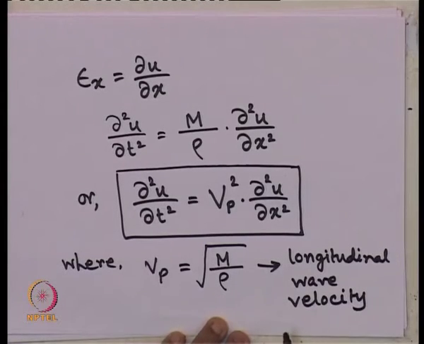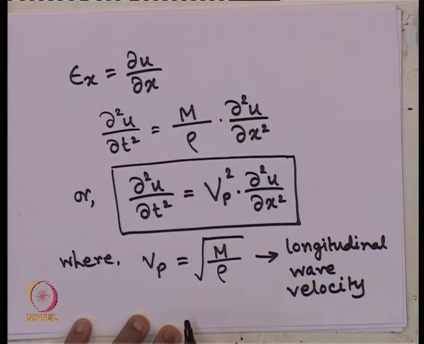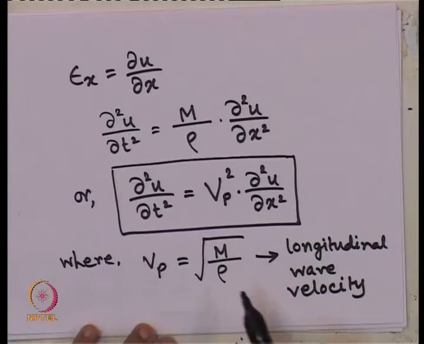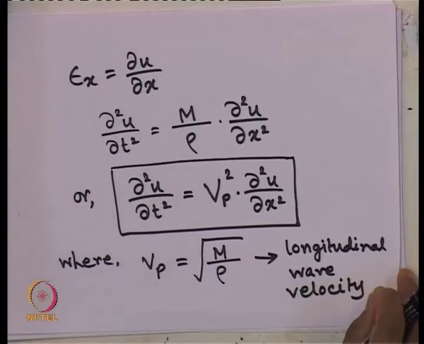Later on we will see this is also called primary wave velocity, okay, which is nothing but equals to root over constraint modulus by the density of the material.